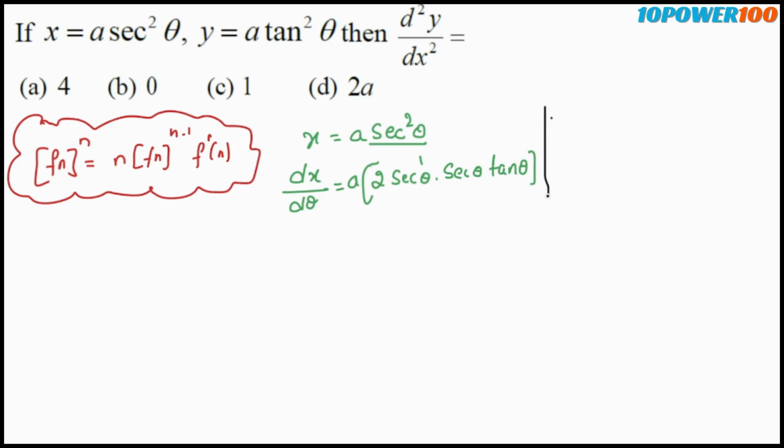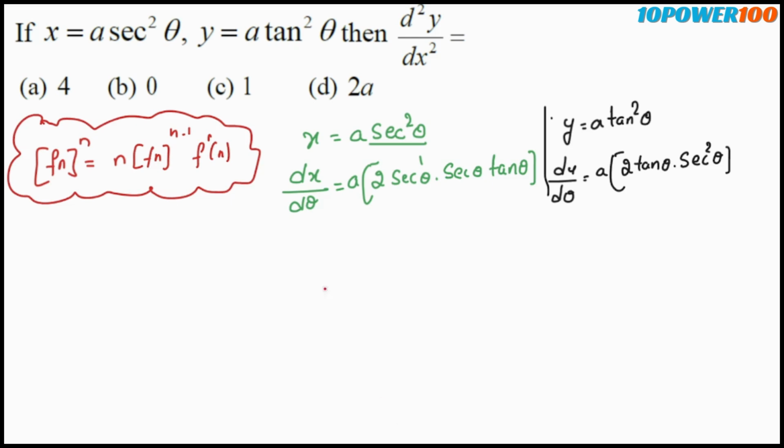Same like that, if we do y is equal to a tan square theta, we get dy by d theta is equal to a of, once again function power n, 2 tan theta the whole power 1 into tan theta differentiation is secant square theta.